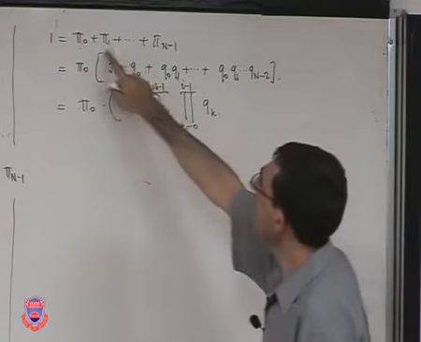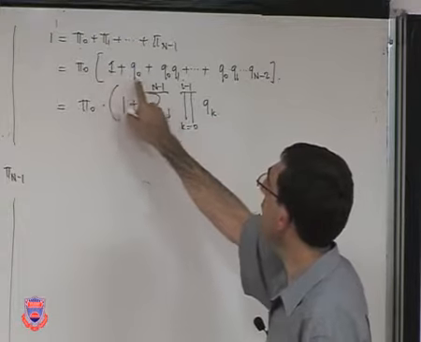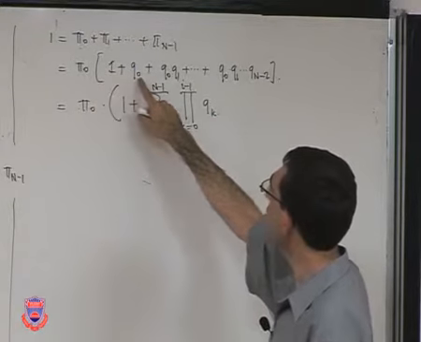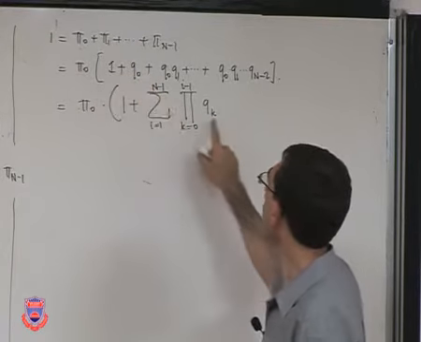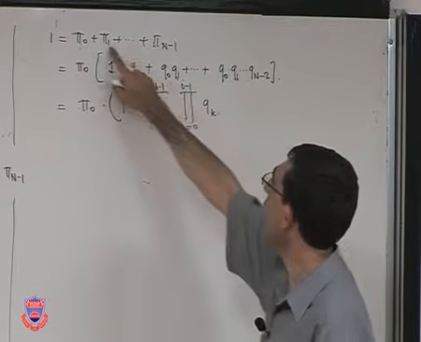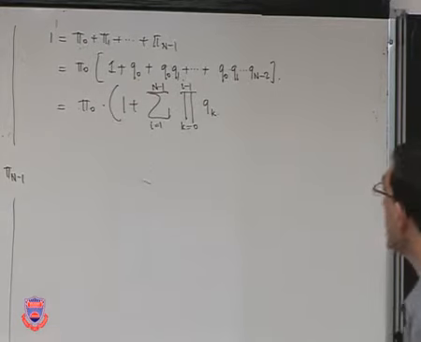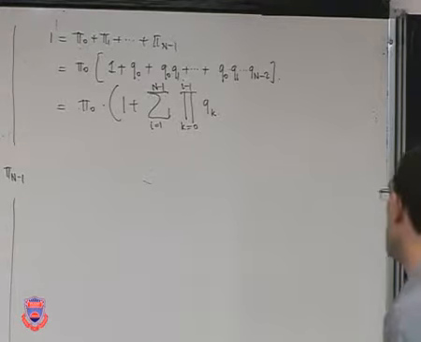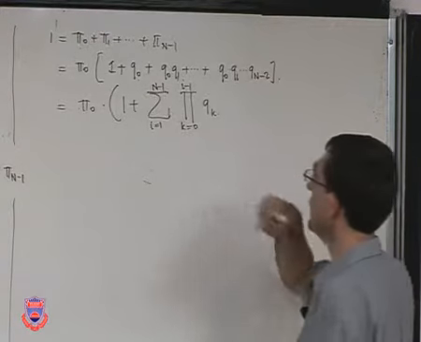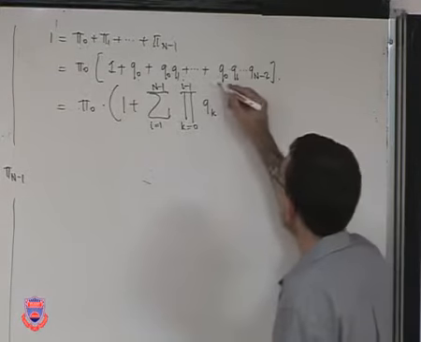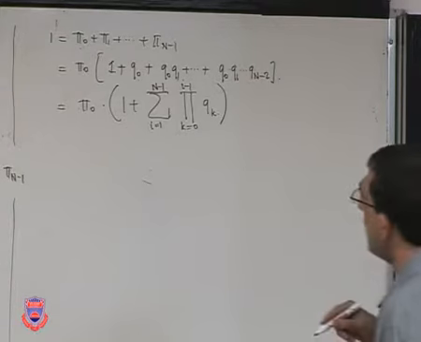When pi 1 equals pi 0 times q0, you have only q0, so this is i equals 1, minus 1 gives you 0. The product goes from 0 to 0, so this works. We have that.